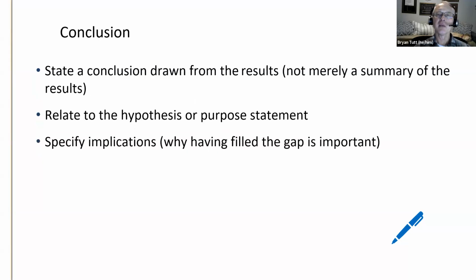And that conclusion statement should be drawn from the results. In other words, it shouldn't just repeat what you found. It should say how these results answered your hypothesis or your purpose statement. Did they achieve your purpose? Did they support your hypothesis or refute your hypothesis? And then you specify those implications. Why is this important?